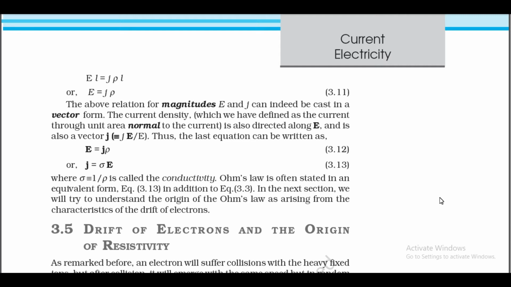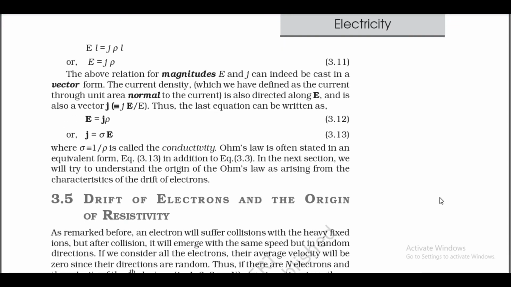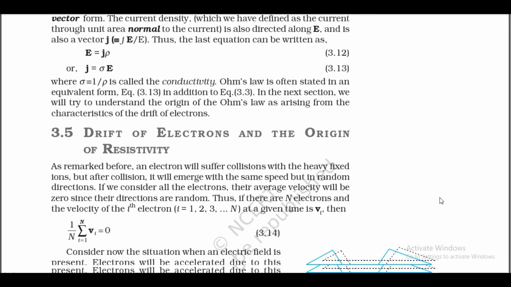Ohm's law is often stated in this equivalent form. In addition to equation 3.3, in the next section we will try to understand the origin of Ohm's law as arising from the characteristics of the drift of electrons.